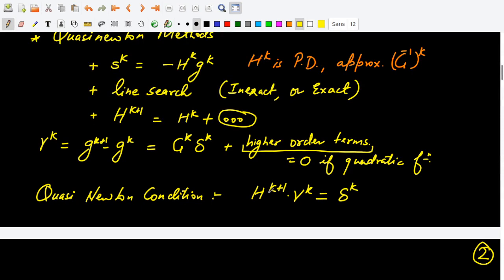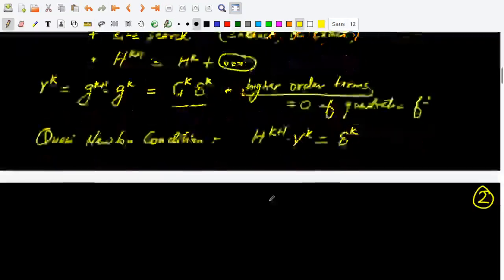So notice that even though in the earlier equation we had Gk, here we have Hk plus 1. And the reason we choose Hk plus 1 and not Hk has been explained in the previous lecture.